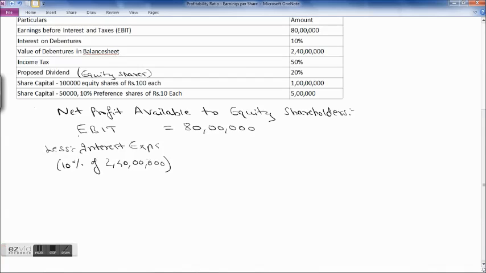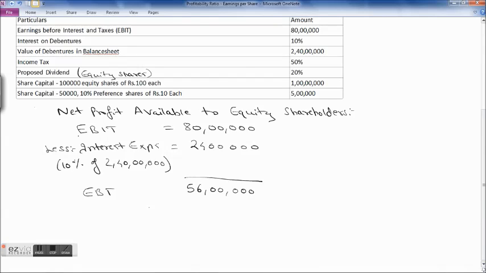So that comes to 24 lakhs. So EBT, that is profit before tax, how much is the profit before tax? 56 lakhs.